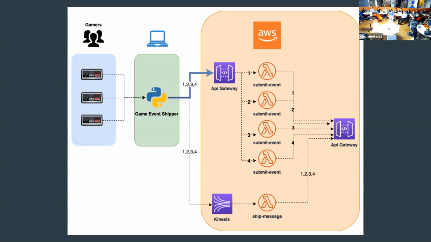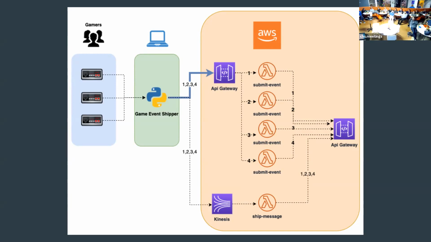And that's where sending the events over WebSocket via API Gateway was really nice. The problem is the way Lambda works with API Gateway. I send a message to API Gateway. I can send four button clicks, up, down, left, right. Say they're 1, 2, 3, and 4 in this example.